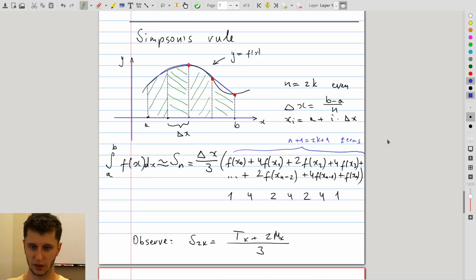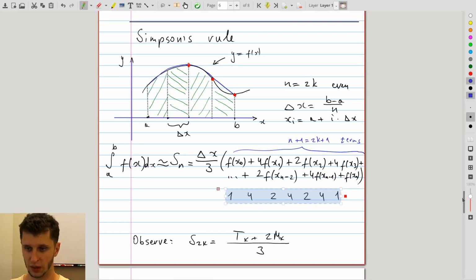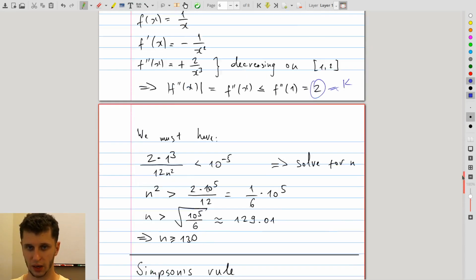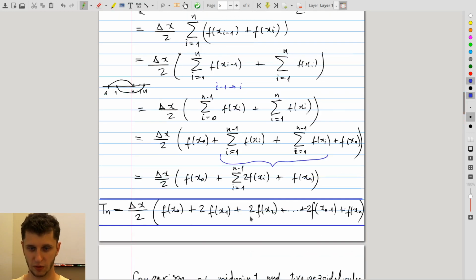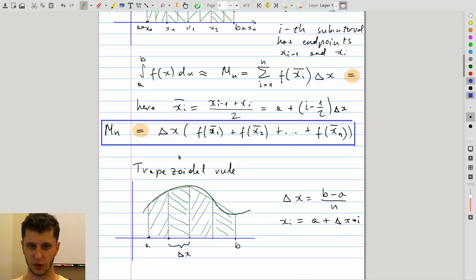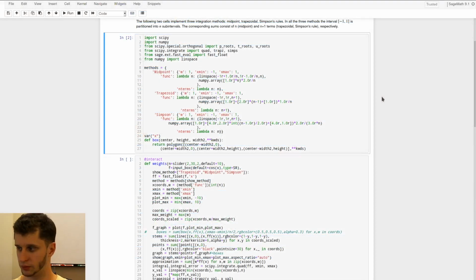For example, these are the coefficients for Simpson's rule. Before that, we had coefficients for the trapezoidal rule of the form 1, 2, 2, 2, 1. And finally, for the midpoint rule, the coefficients were the simplest: they were just all ones. So that's what this cell does, more or less.